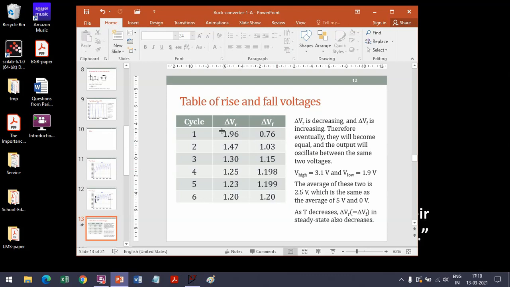Initially the rising one is high, the falling one is low. Therefore at some point the rising and the falling will become equal, and when they become equal, the output voltage will oscillate between the same two output values, the same two high and low values, in this specific case 3.1 volt and 1.9 volt. Now this is a property of exponential charging and discharging.